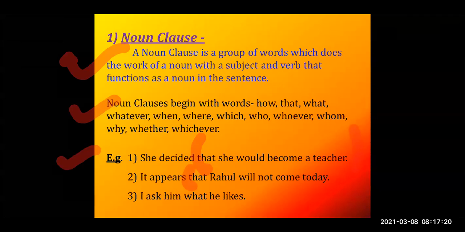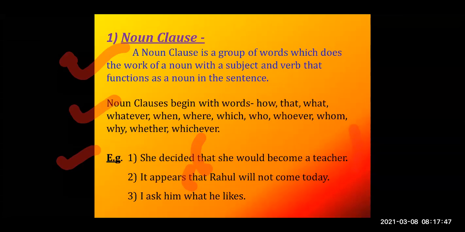Okay. So remember, students, before the subject, what is there? That. And after the subject, what is there? The noun Rahul. So it appears that Rahul will not come today. So that Rahul will not come today is our noun clause.